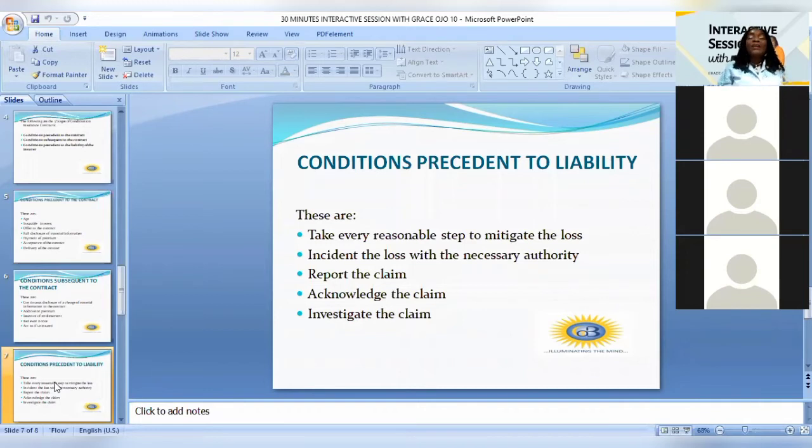So any insurer that is not paying claim is just not in business. The purpose of the insurer is to bring succor to the insured anytime the loss occurs. That is the business of insurance, to settle claim.